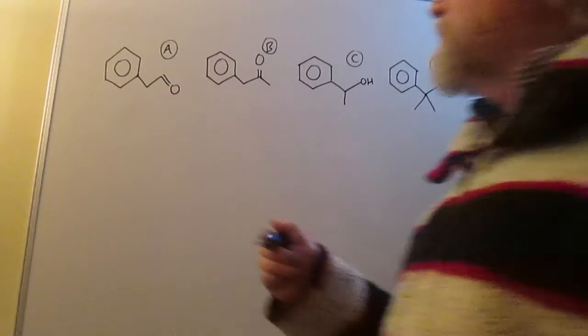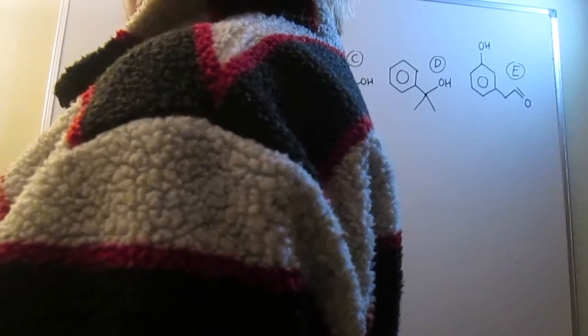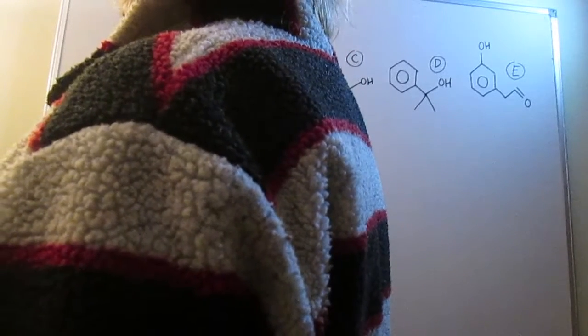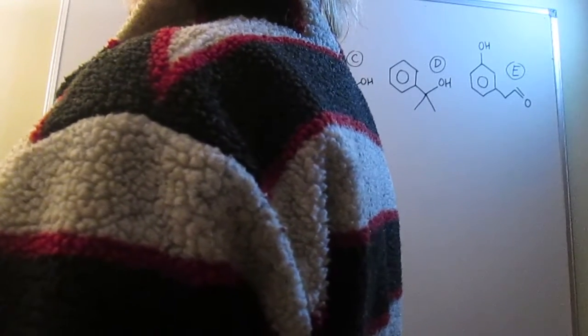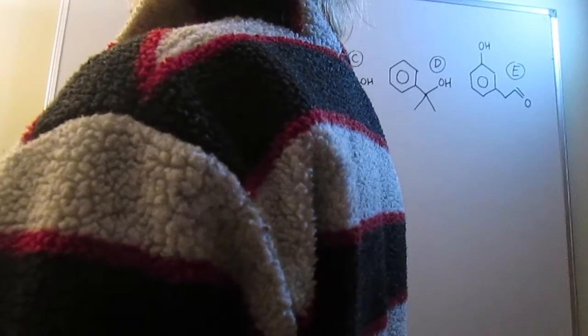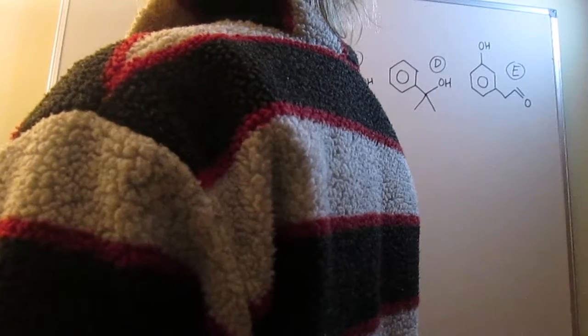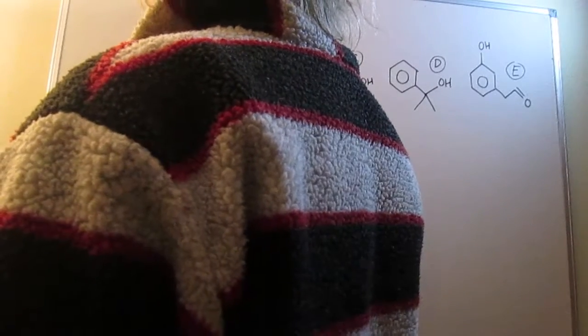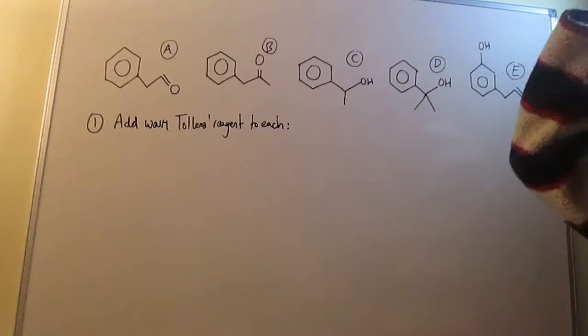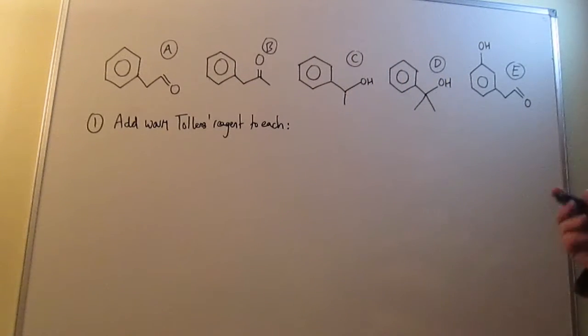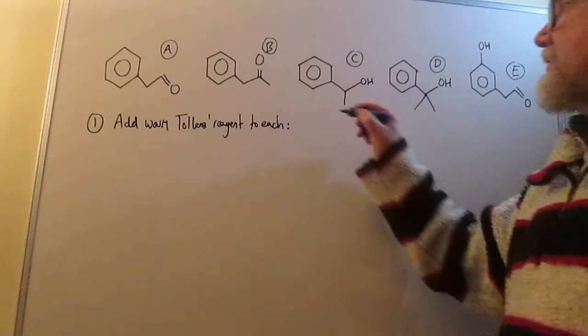So let's do that. So what we want to do is to say, right, step 1 is to add warm Tollens reagent to each. Okay, so we can just do the same thing to each of them, and as we know, what Tollens does is it forms a silver mirror with aldehydes.